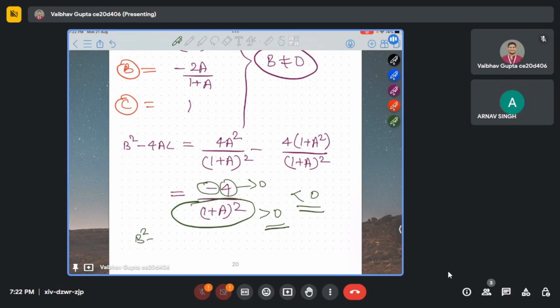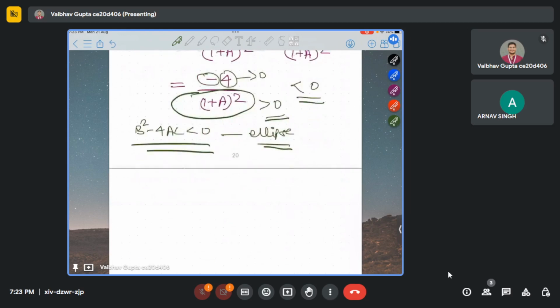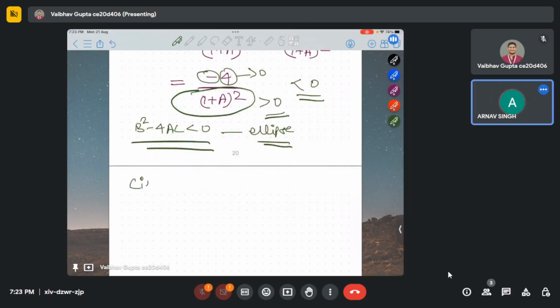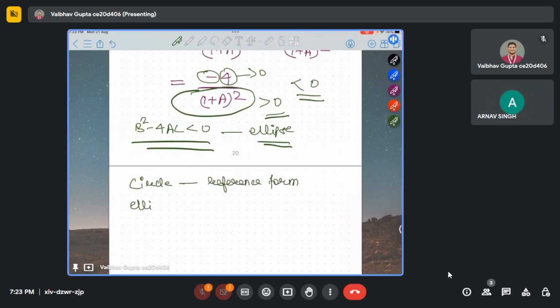So B square minus 4AC is less than 0. So what is it called? Ellipse. So the circle in reference form becomes an ellipse in the current form. Got it?